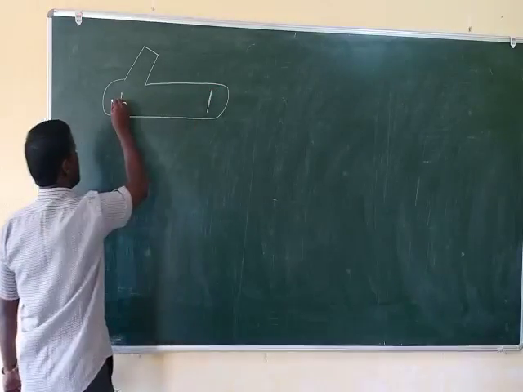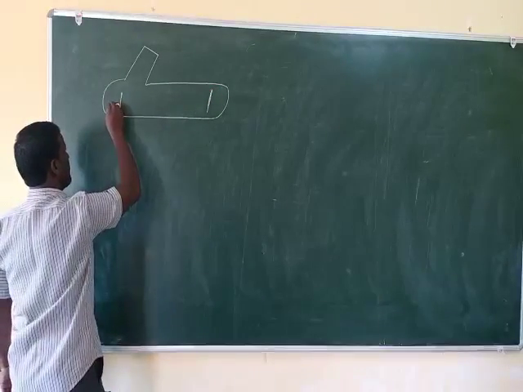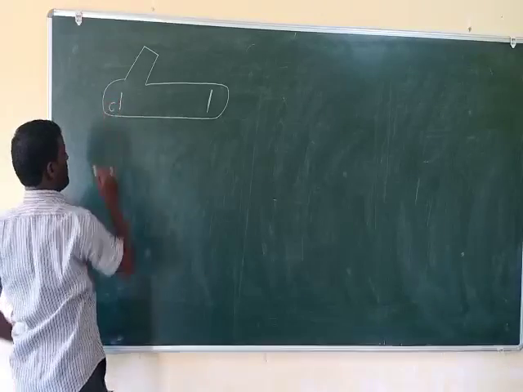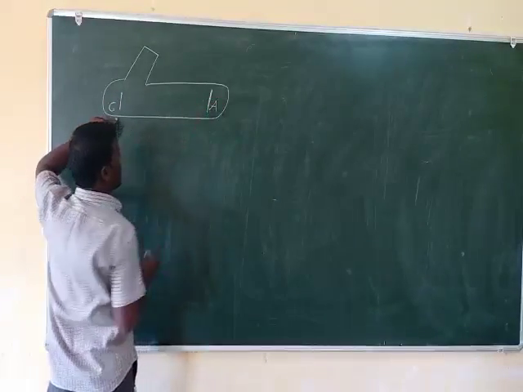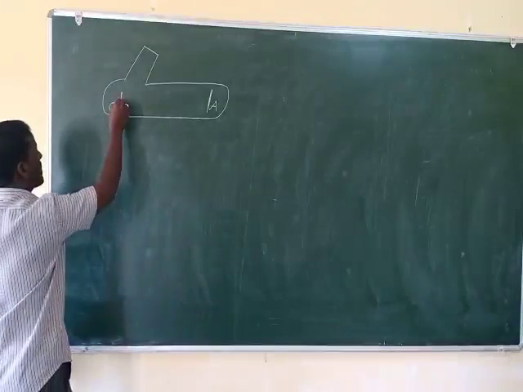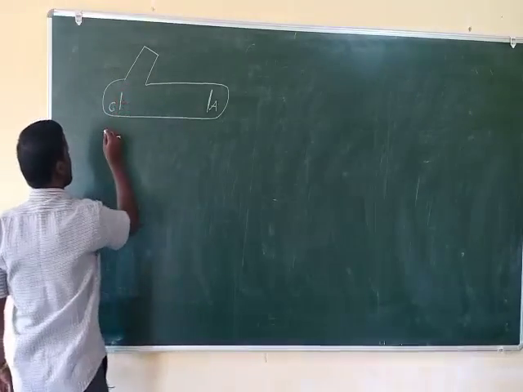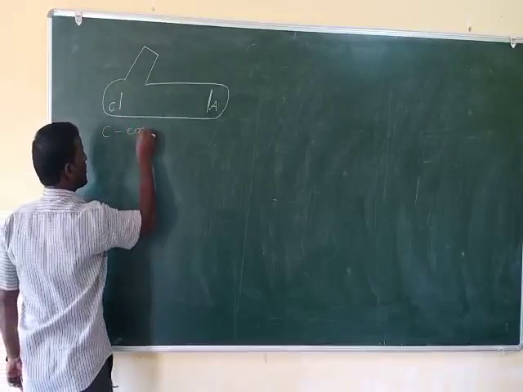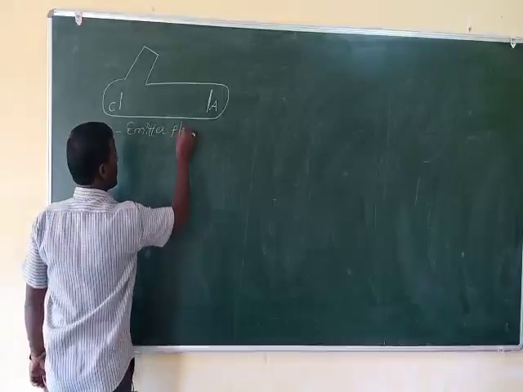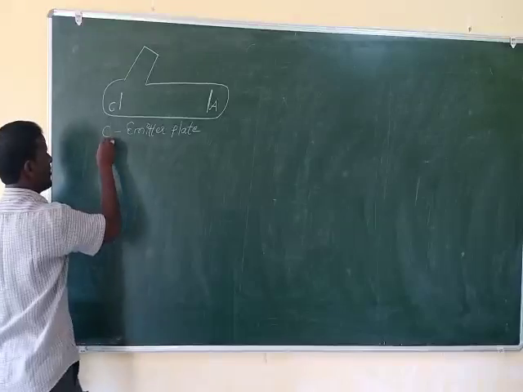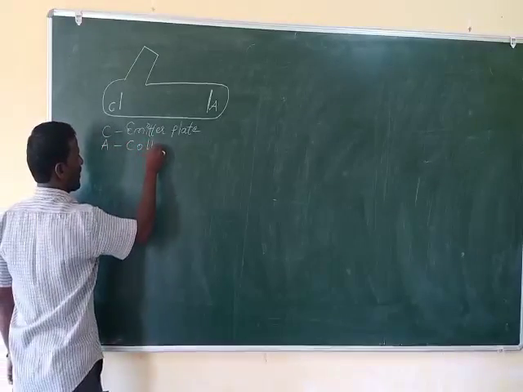C is the emitter plate, and A is the collector plate.